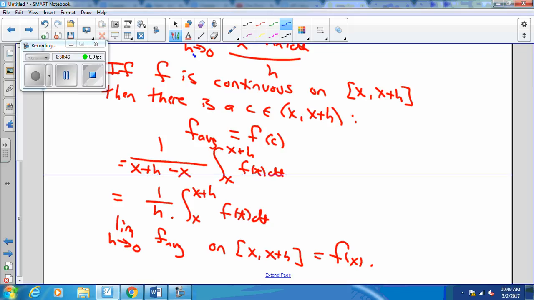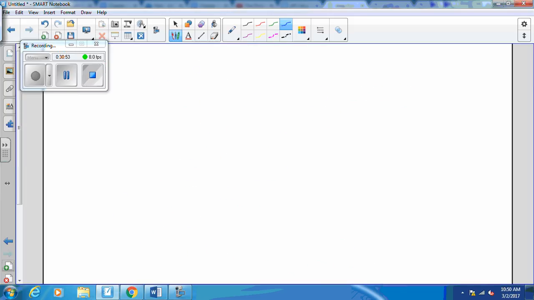Okay. So how does this relate to the number 2 that we had? How does this relate to something like this? I want you to observe that what we have here is like an area function, but it is not in standard form. So I can handle this in 2 different ways.